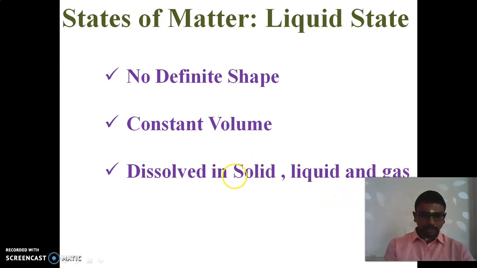For solids, the example is water dissolved in sugar or salt. For liquids, the example is water dissolved in dye or ink. For gases, the example is water dissolved in oxygen or carbon dioxide. So these are the examples of dissolving in solids, liquids and gases.